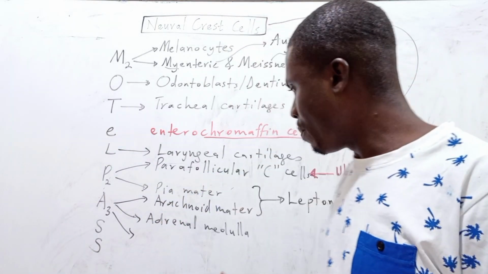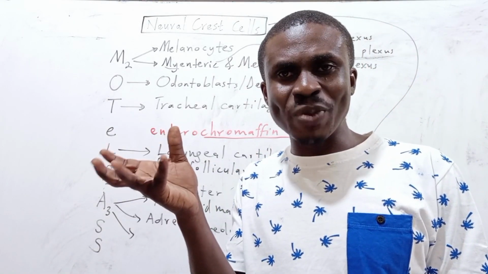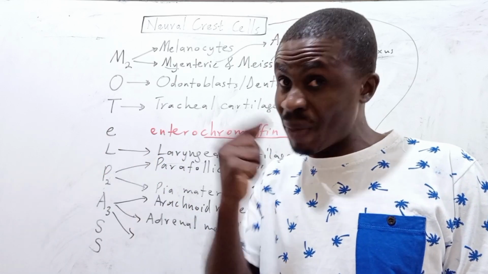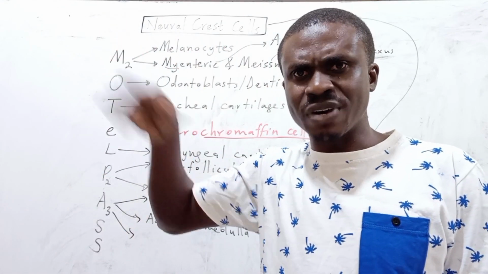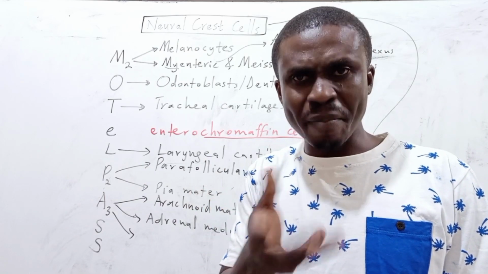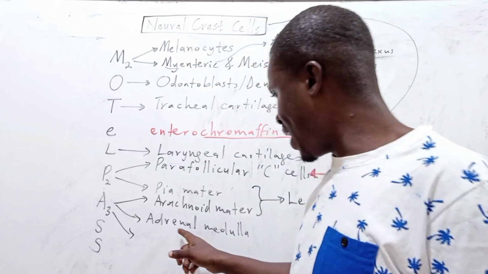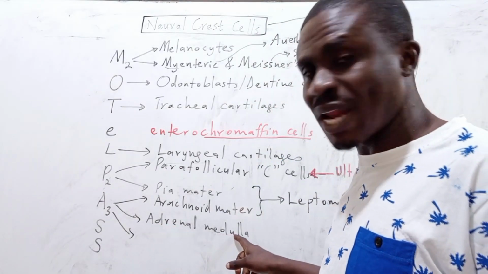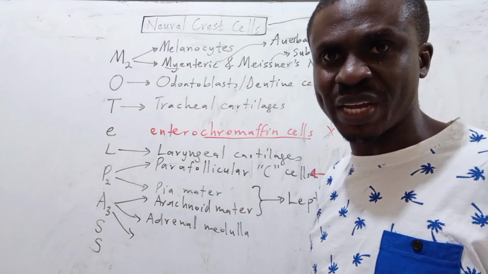But in the case of the adrenal cortex, because it comes from intermediate mesoderm, the mesoderm proper, it will be relevant in making steroid hormones. So the adrenal medulla comes from the neural crest cells, the chromaffin cells we mentioned over here.